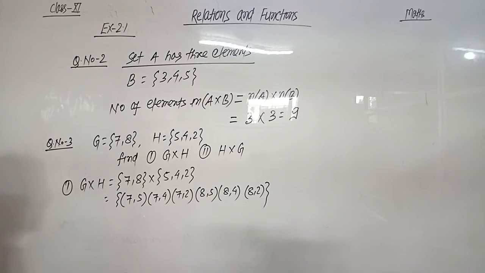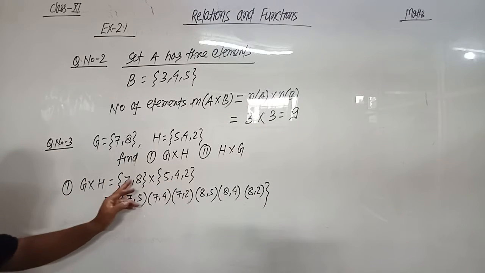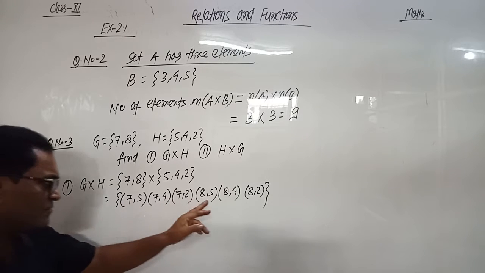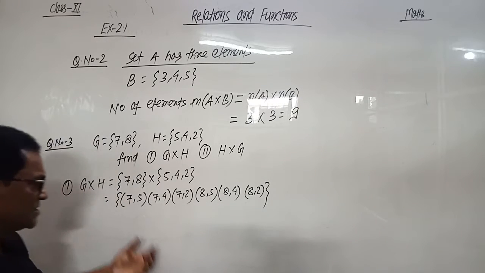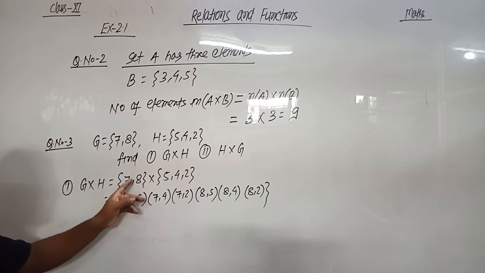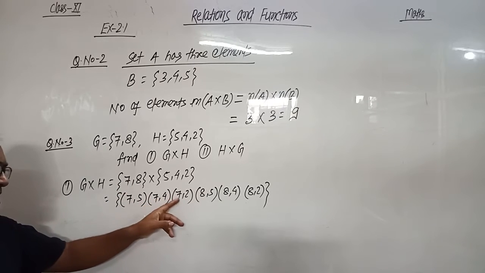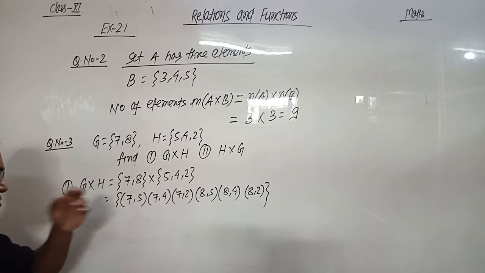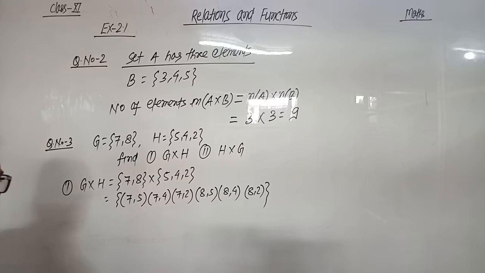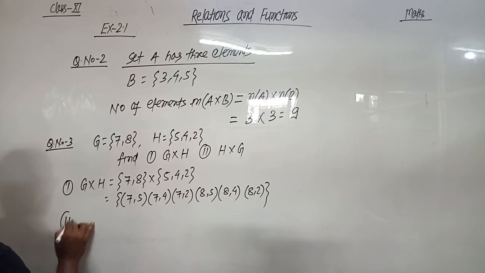So the total number of ordered pairs must be 3 into 2, 6: 1, 2, 3, 4, 5, 6. The first element of an ordered pair belongs to set G, and the second element belongs to set H.